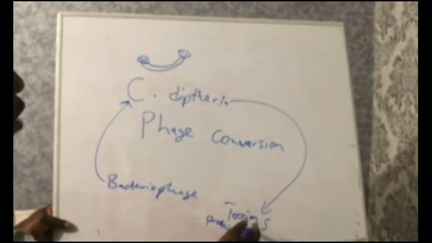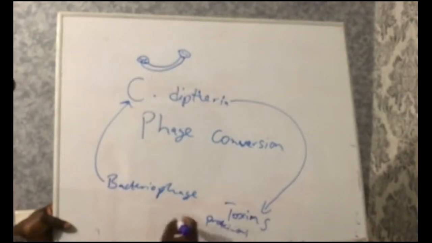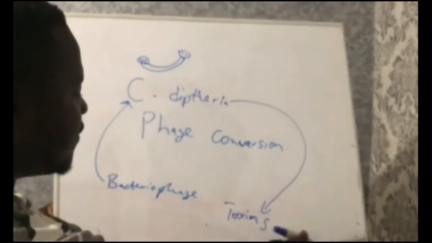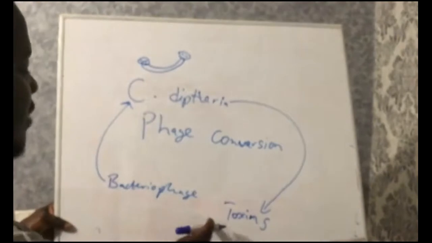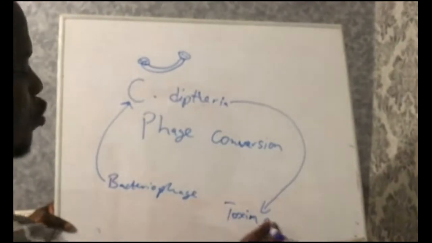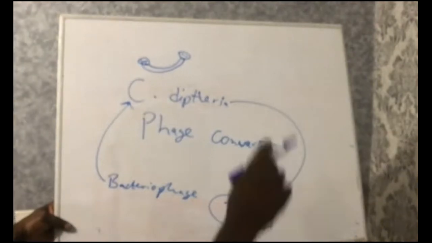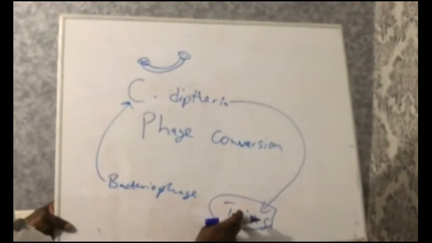So it means someone who is having diphtheria can produce some antibodies against the toxins, right? So for people who are having the condition for the first time, they don't have the antibodies. So scientists took these toxins, injected it in another animal, and the animal started producing the antibodies against these toxins.